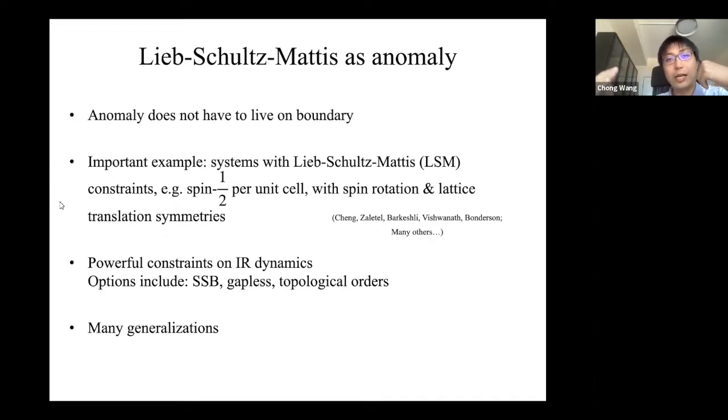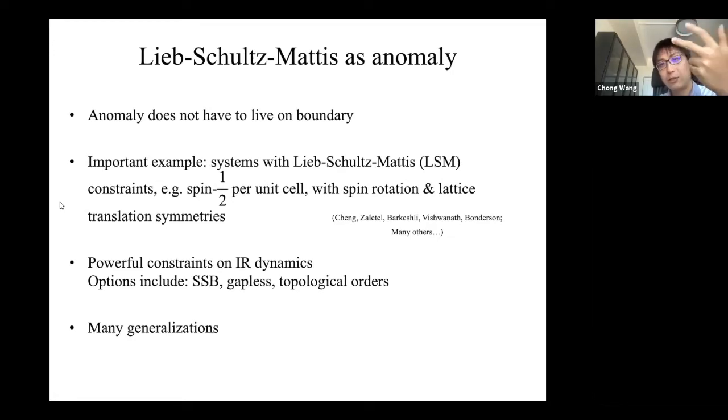In fact, Lieb, Schultz and Mattis proved this, quite amazingly, even before the word anomaly became a thing: for this type of system, the ground state has to be either spontaneously symmetry breaking or gapless.